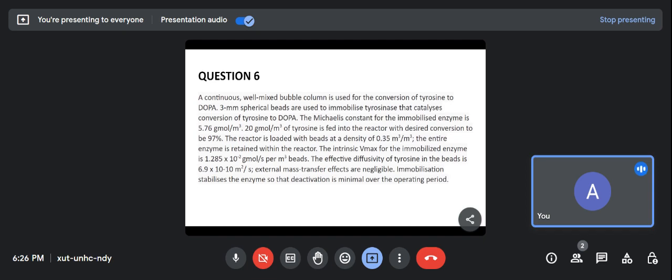The effective diffusivity of tyrosine in the beads is 6.9 into 10 to the power minus 10 meter cube per second, and the external mass transfer effects are negligible. Immobilization stabilizes the enzyme so that the deactivation is minimal over the operating period.